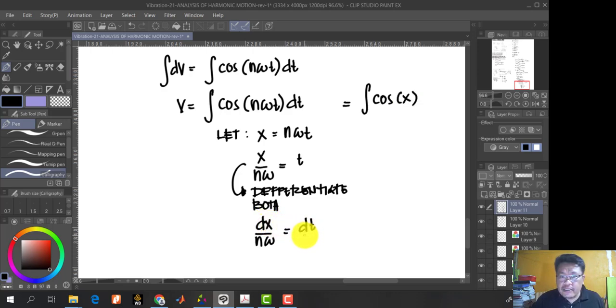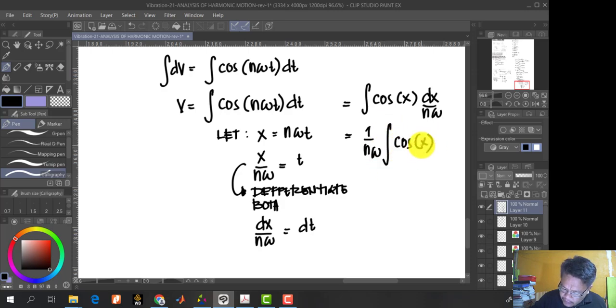So, ang value ng dt natin dito, kanina nag-differentiate na tayo, so that will be dx all over your n, tapos yung angular velocity. So, pwede natin i-take out na yung constant dito, which is eventually 1 over your n, angular velocity, tapos integration, which is cosine of x, then maiwan, which is your dx.